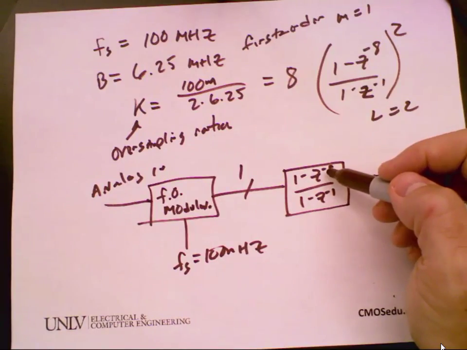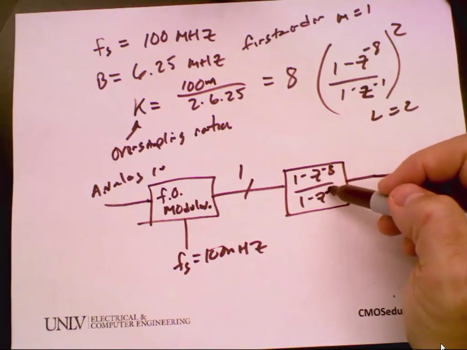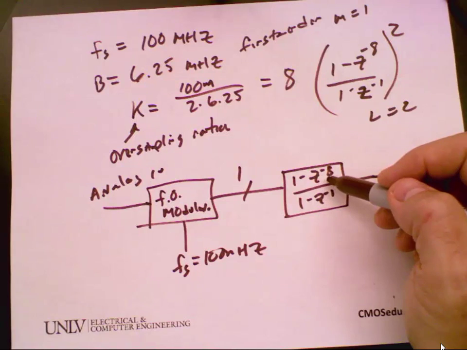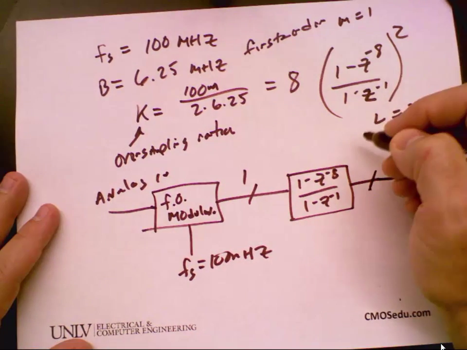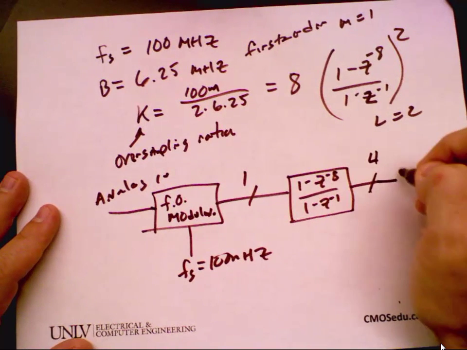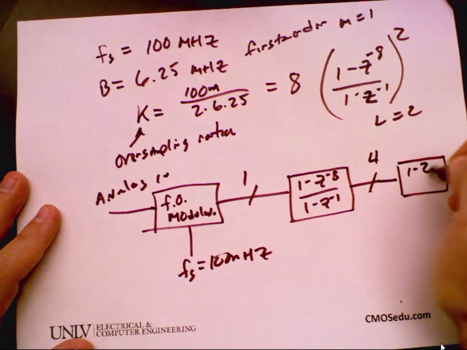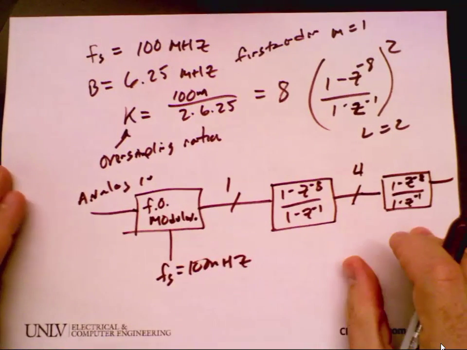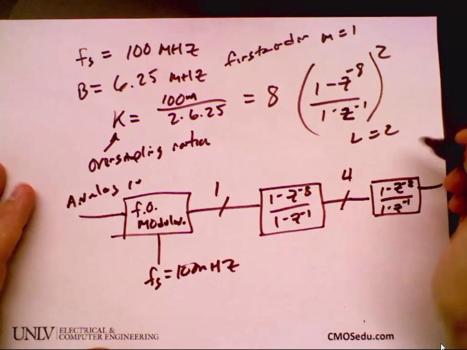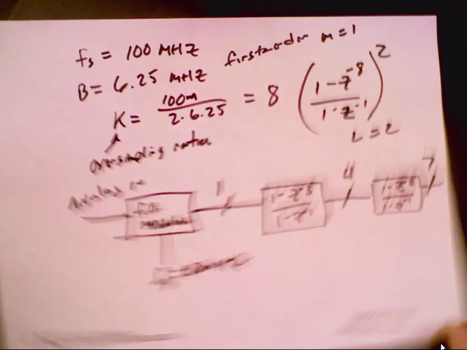That's 1 bit. And then to make the integrator, we need 2 more bits. So we get how many coming out? 4. Then I have another one of these filters, and how many do I have coming out of there? 7. Does everybody follow that?